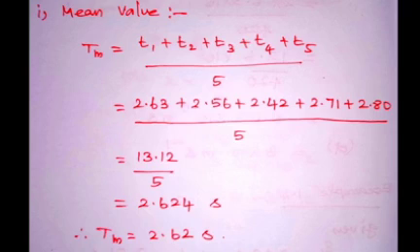Sum of all readings we get 13.12 divided by 5. We get 2.624 second, and considering two decimals we get 2.62 second. The mean value is Tm equal to 2.62 second.